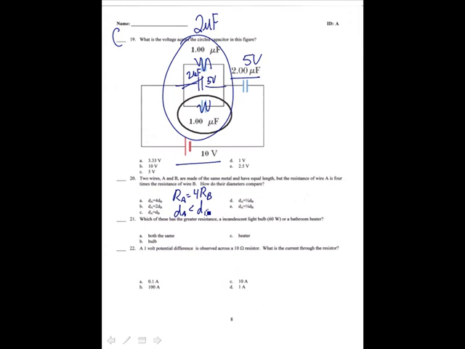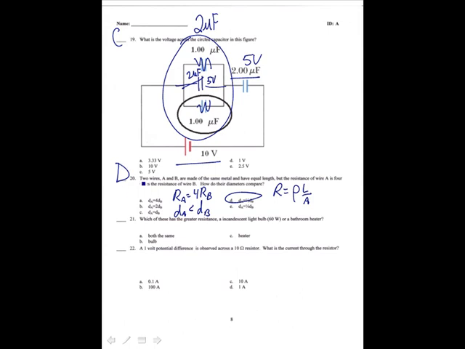Now we know that R is equal to rho L over A, so R has an inverse proportionality with area, and so the area of A is going to be 1/4 the area of B. But since area is proportional to the diameter squared, the diameter of A is 1/2 the diameter of B. And that's option D. That was straight from the concept test.